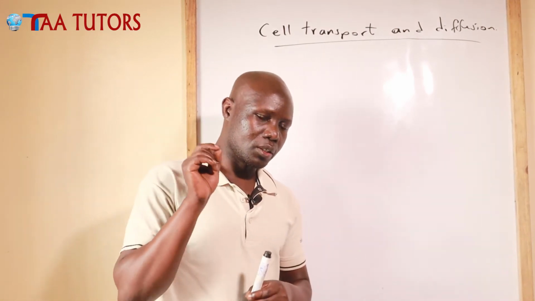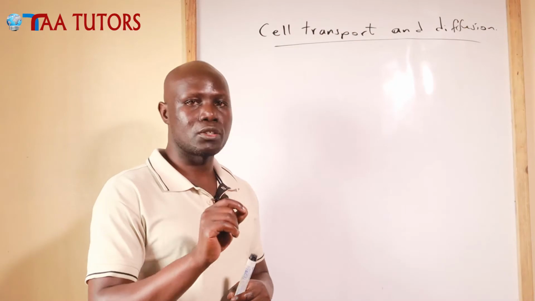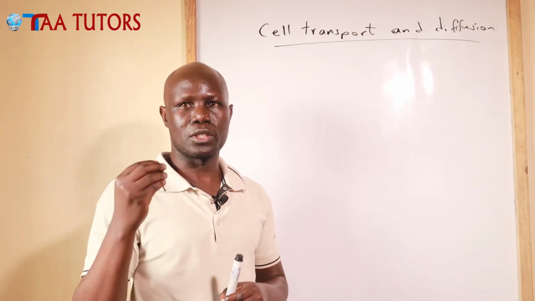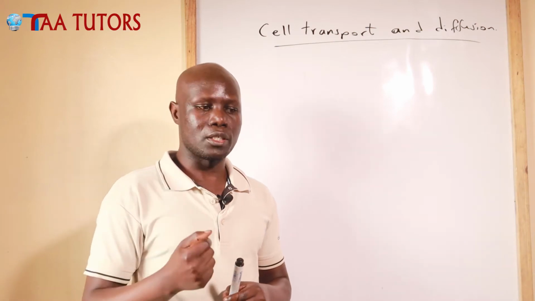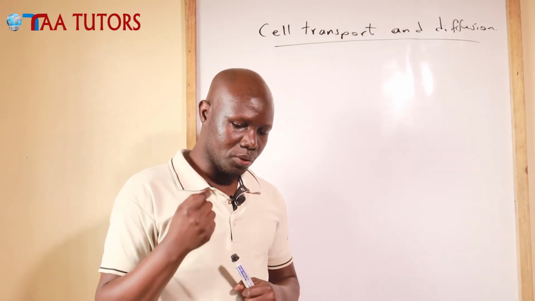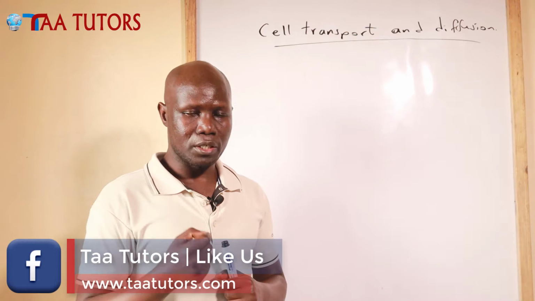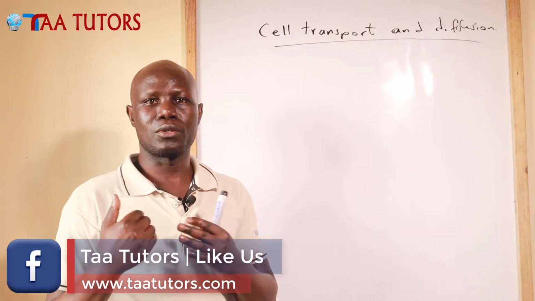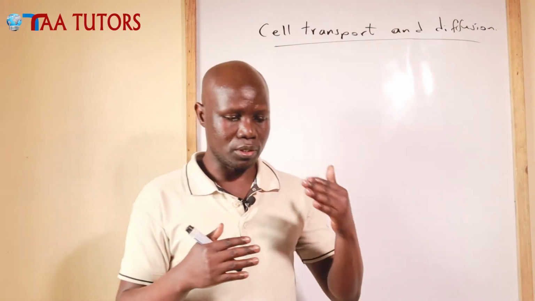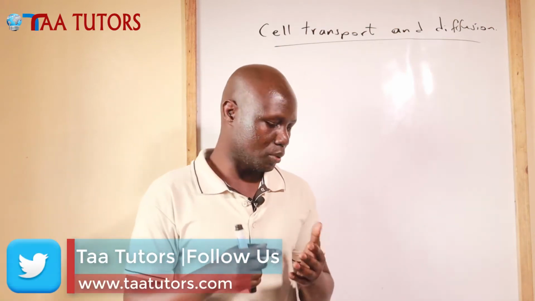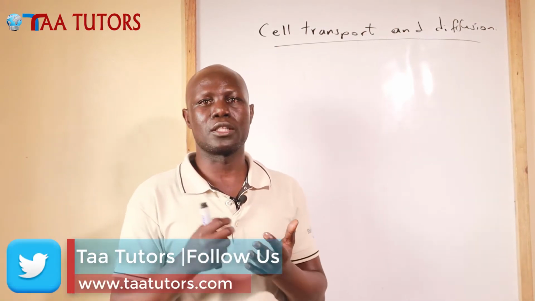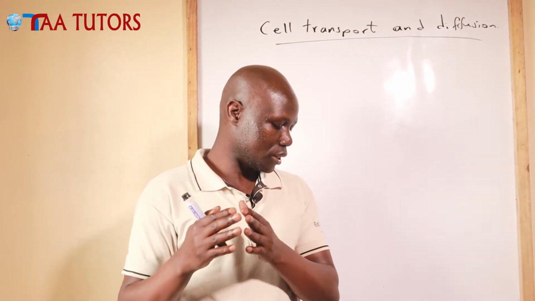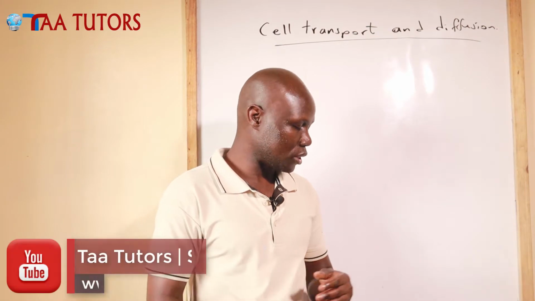Now, that has given us a clear indication that the membrane can partially control what is getting in and what is getting out. Apart from that, we also know that the nature of the particle that is moving also plays a role, whether it is going to pass in or remain where it is. This is controlled by the size of the particle and how it looks, and that is very important for us to note about cell transport.